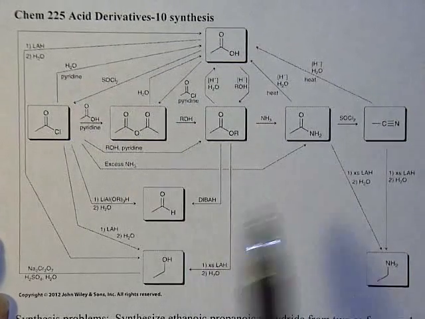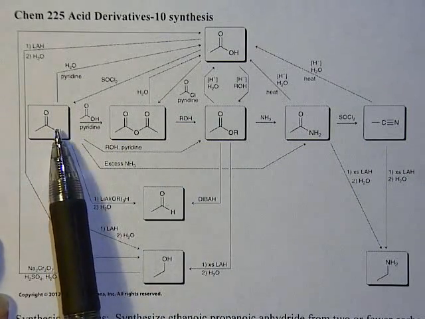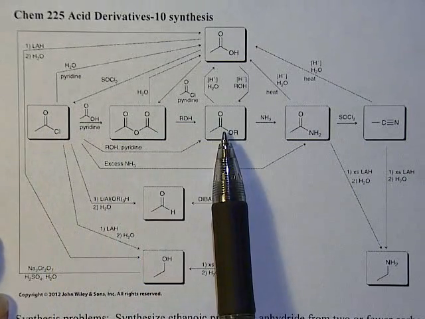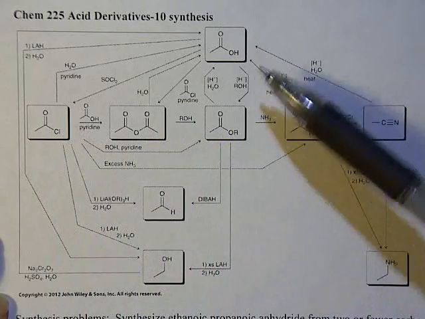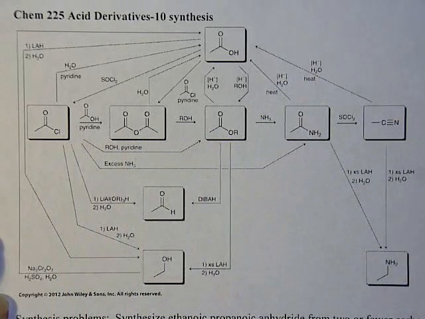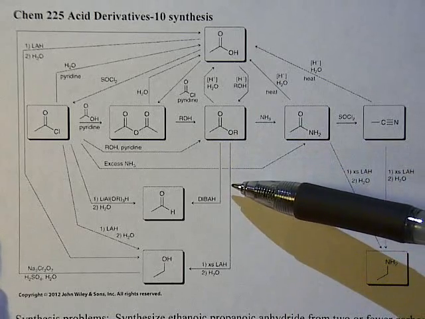But not only that, as you go from right to left, this is the most reactive, acid chloride and anhydride, followed by ester, amide, and then nitrile. Okay, so you see all these arrows that you have, going from one compound to another.